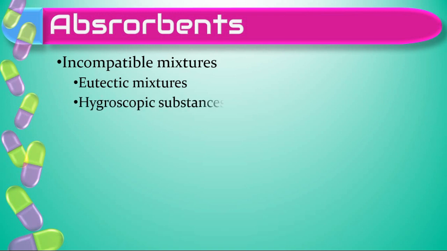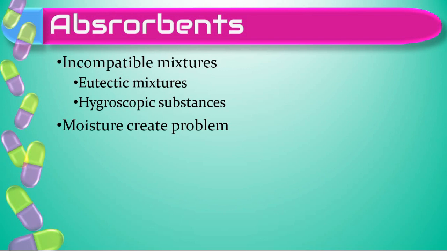Another example is hygroscopic substances which release moisture into the environment. Such preparations, if filled into the capsule shell, may lead to softening of the capsule shell, and hence these substances cannot be filled in hard gelatin capsules.